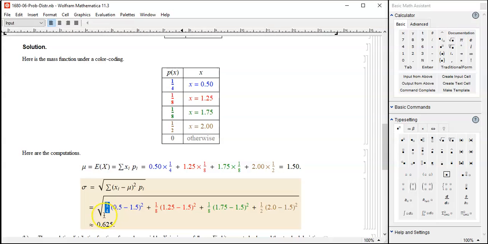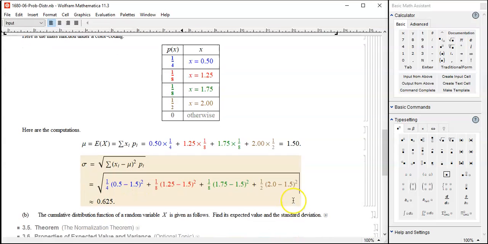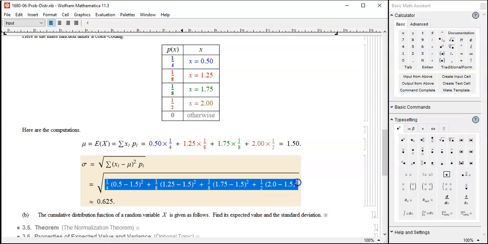The more likely, the more important. The less likely, close to 0, not as important. So just use that computational formula here and do your computation, take the square root, and then that is the probability standard deviation. Without the square root, this part is the variance.